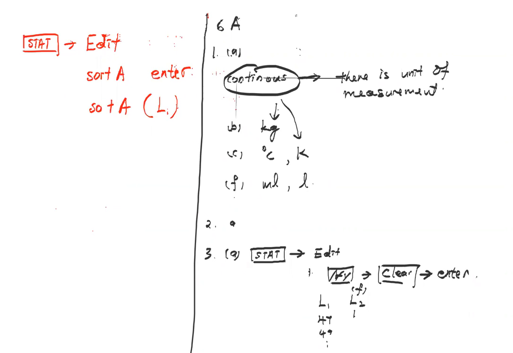Bring your cursor to L2, then start to key in the frequency. 47, 49, 50. Oh, I missed out one. 51, 52, 53, 54. Okay, done? After that, you have to press second mode.